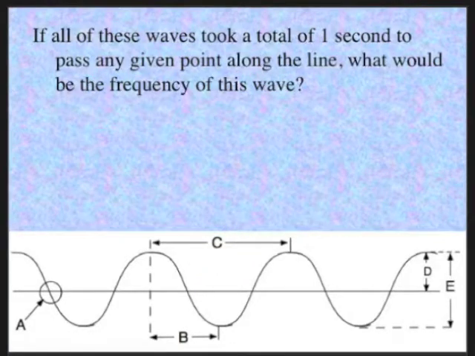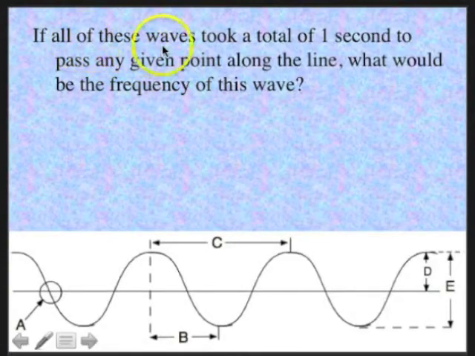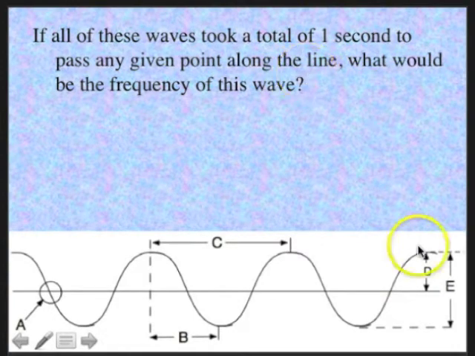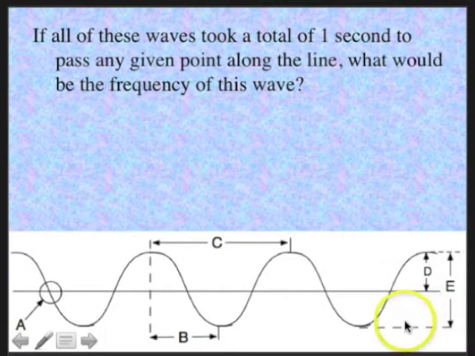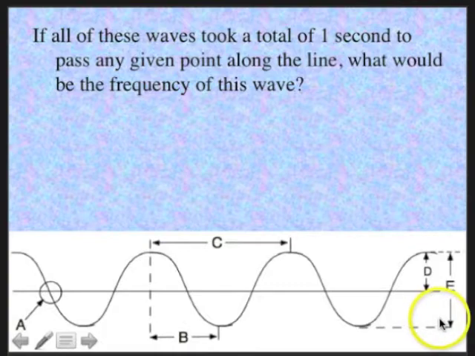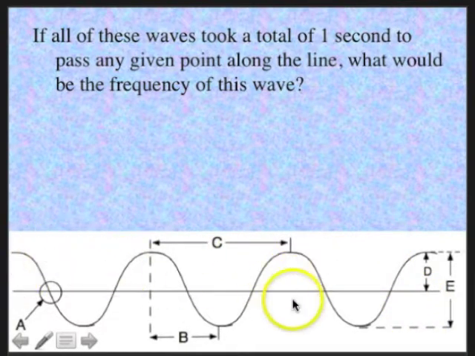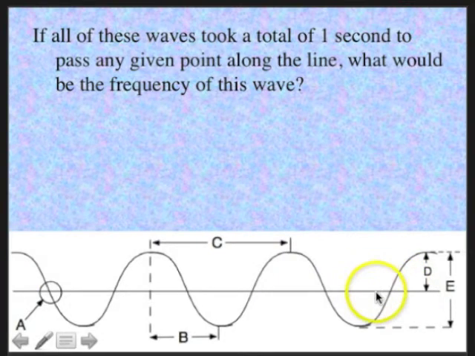Then there is the frequency of a wave, the number of cycles, or wave crests, that pass through a stationary point at a given period of time. If all of these waves took a total of 1 second to pass any given point of the line, so we counted that there were 3 waves in this segment, and the wave passes by in 1 second, we see those 3 waves, or 3 cycles.